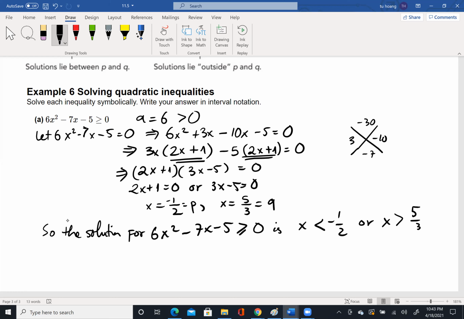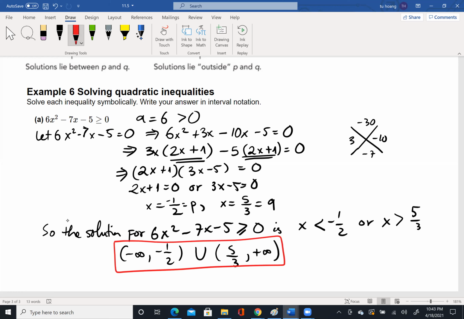So the interval is negative infinity to negative 1/2 union 5/3 to positive infinity. That's going to be the solution for this inequality.